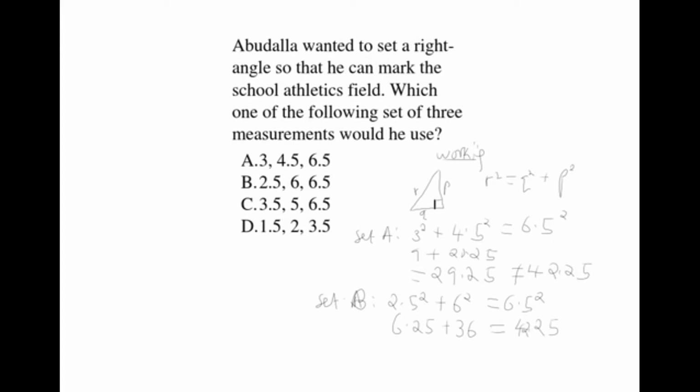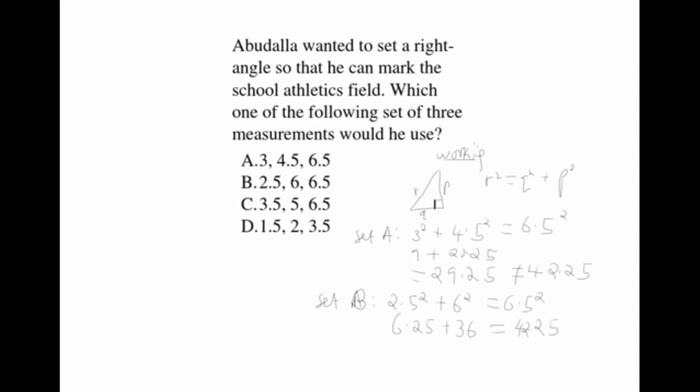So 6.25 plus 36, we get 42.25, which is equal to 42.25, and therefore our set B obeys the Pythagoras theorem. So we have our answer as B.